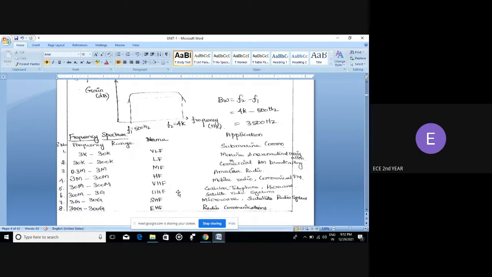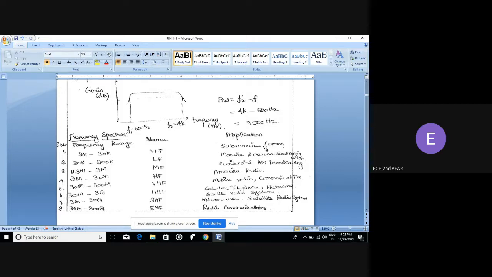Next, the signals can be classified according to the frequency, right? That they call the frequency spectrum. It will start with 3 kilohertz and it will end with 300 gigahertz. So we start with very low frequency, and after that low frequency, medium frequency, high frequency, and then very high frequency, ultra high frequency, and the last two are called SHF and EHF.